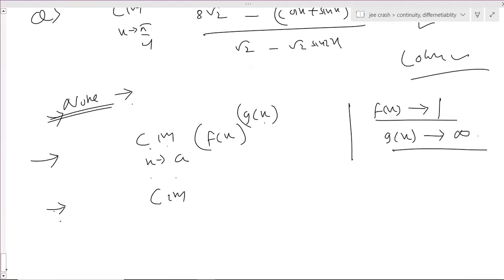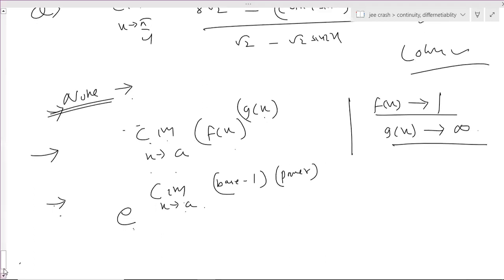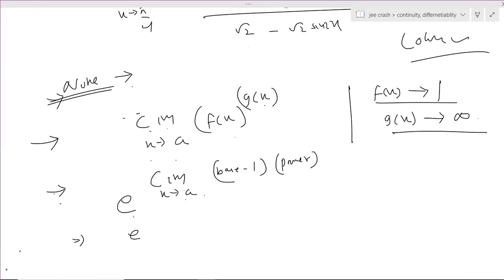Just write the answer as e to the power limit x tending to a, (base minus 1) times power. That is, e to the power limit x tending to a of (f of x minus 1) times g of x. And then this limit will be very simple to solve.